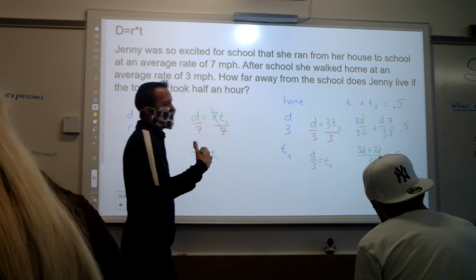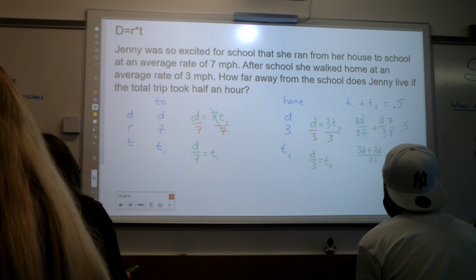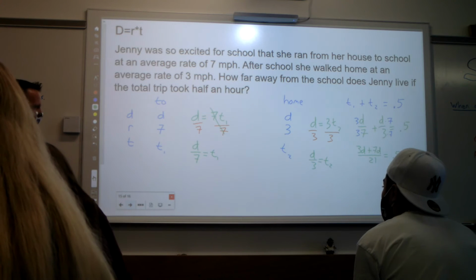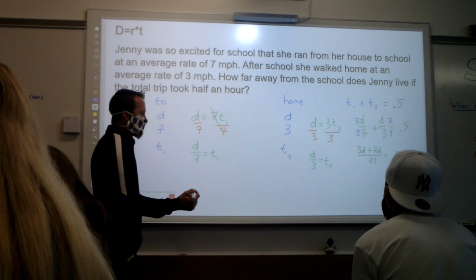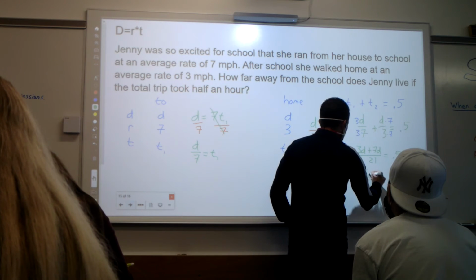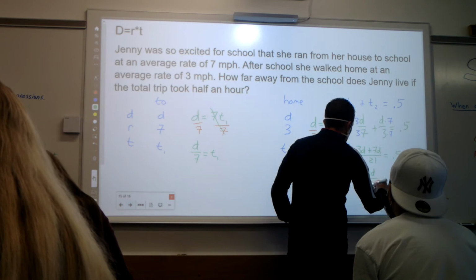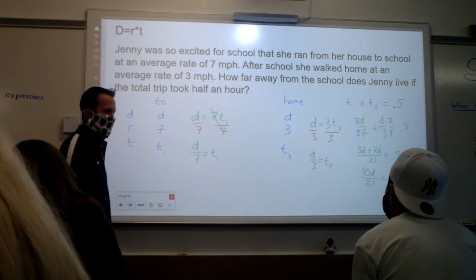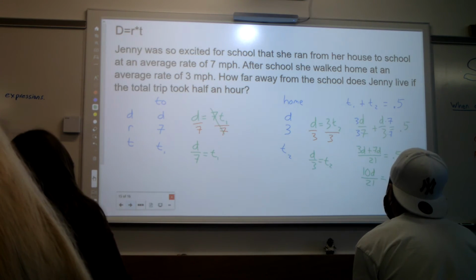Now this is kind of jumping ahead a little bit, because we're going to talk about how to solve these equations in the next section, but we should be able to figure out from here. What's 3d plus 7d? 10d. And I want to solve for d. Well, it's being divided by 21, so what should be the first thing I do? Times it by 21.